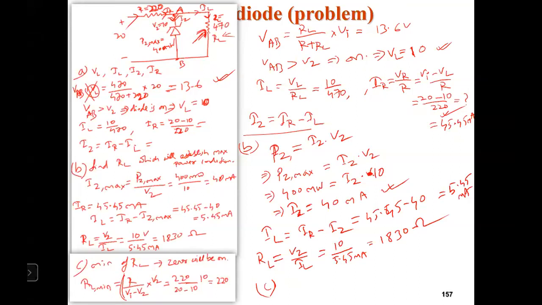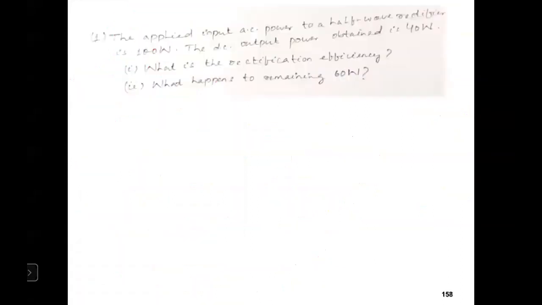Just apply that one. You will get 220 by (20 minus 10) into 10, equal to 220. So RL minimum is equal to 220. We will go to the next one.